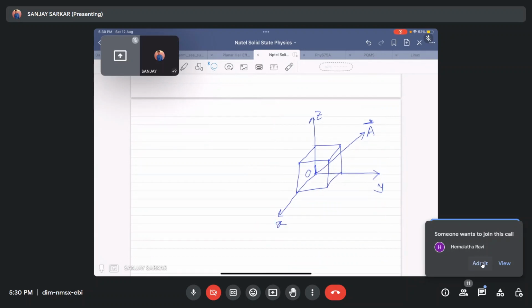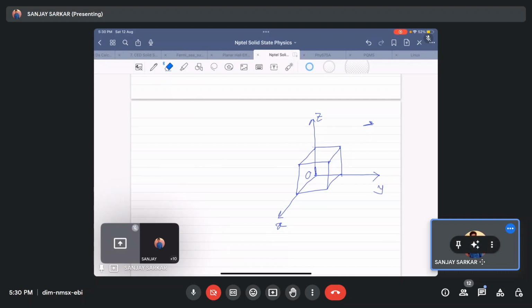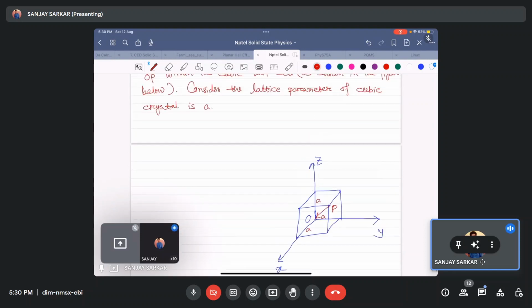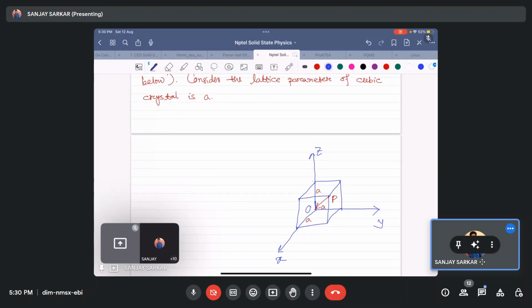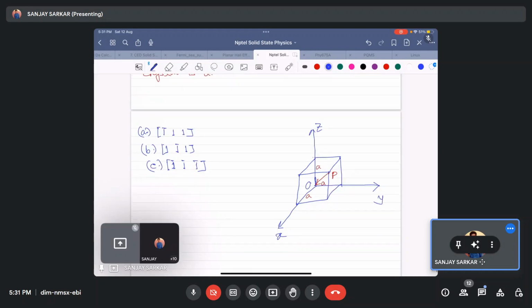So this is the lattice structure. Here we have the OP vector directed from P to the origin O, and all the edges are A. Since it is a cubic lattice, the lattice parameter is A, and the options are: option A is 1 bar 1 1, option B is 1 1 bar 1, option C is 1 bar 1 bar 1 bar, and option D is 0 1 bar 1 bar.